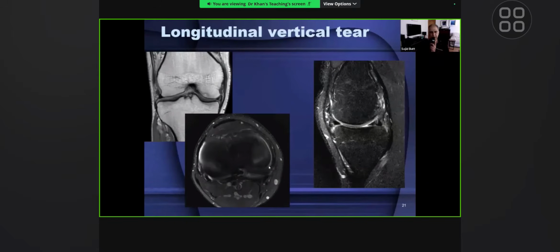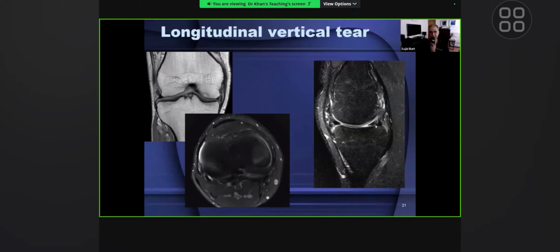And the medial meniscus here shows this longitudinal configuration of a tear. So this, by definition, is present along the longitudinal axis of the meniscus. And if you look at the coronal imaging, it has divided the meniscus not into an upper and a lower half, but into a medial and a lateral half. So that's the difference between a longitudinal tear and a horizontal tear.